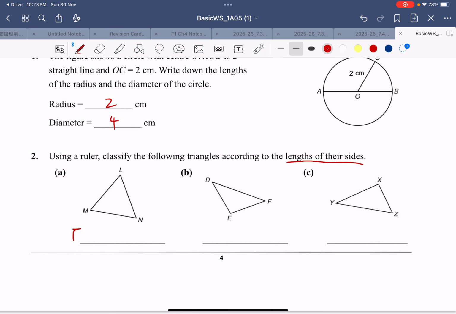The first triangle is an equilateral triangle. The second one, with these 2 sides equal, is an isosceles triangle. With all 3 sides unequal, these triangles are called scalene triangles.